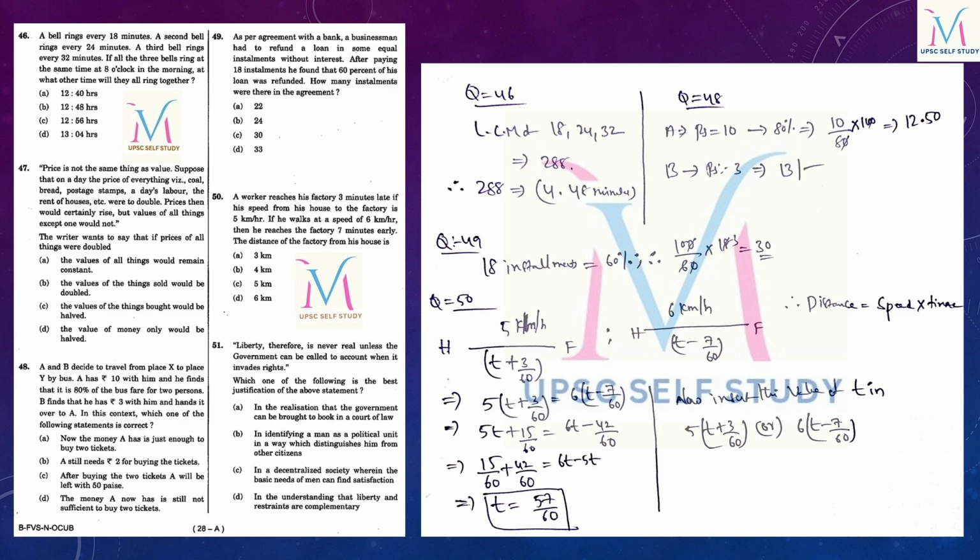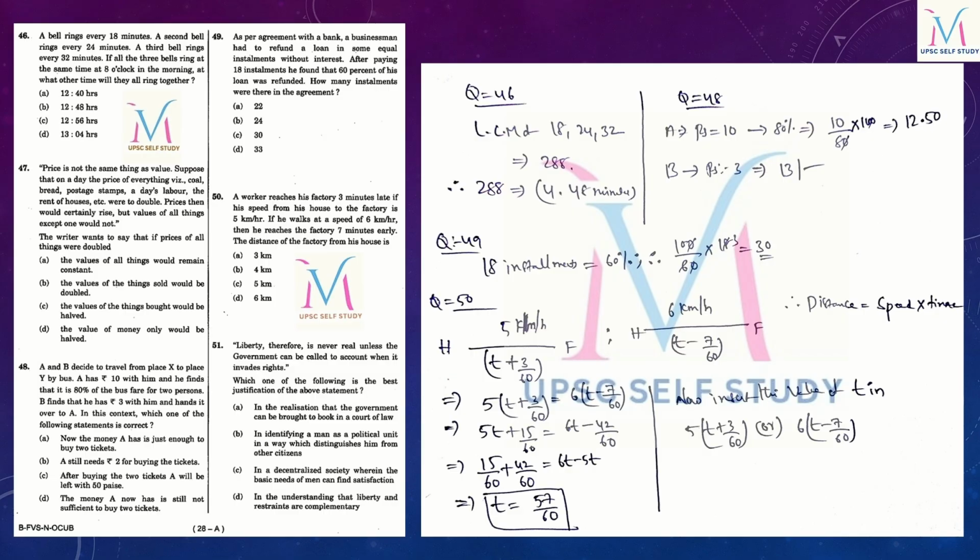So now we have to add 8 o'clock plus 4 hours 48 minutes, and we get 12:48.